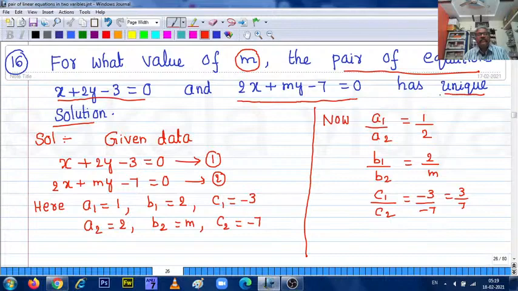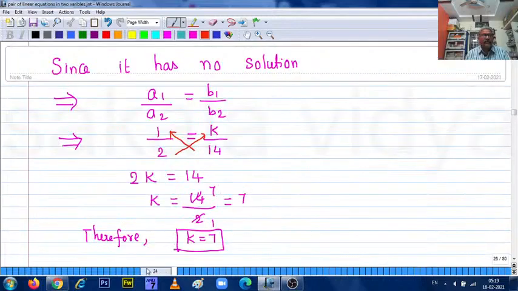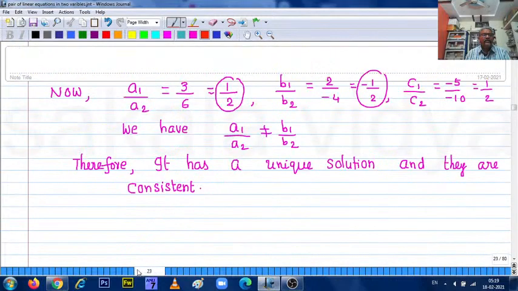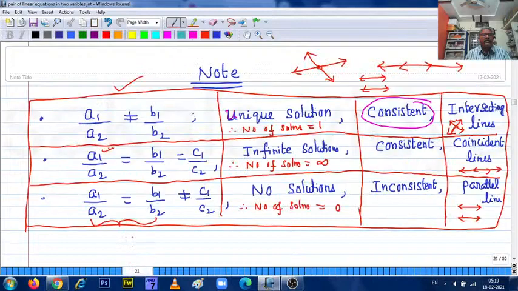So here we have a unique solution. Unique solution means go to the condition. What is the condition? Yesterday we have discussed it. Unique solution means a1 by a2 does not equal to b1 by b2. This condition we need to use.